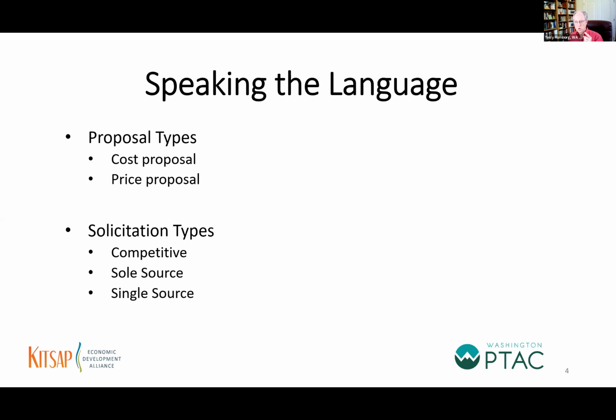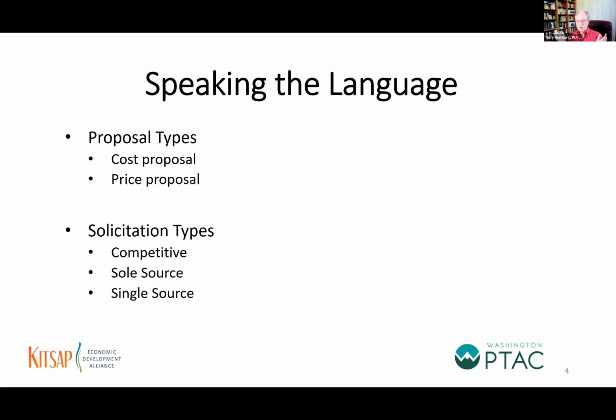That is sole source. Single source is very common in the Small Business Administration 8A program, where a contracting officer finds an 8A company that can provide the service or the supply, and they petition the Small Business Administration that we found this company, we would like to issue them a single source solicitation.